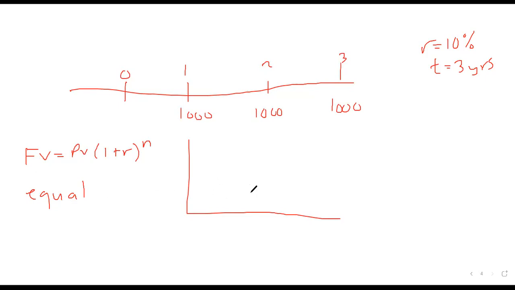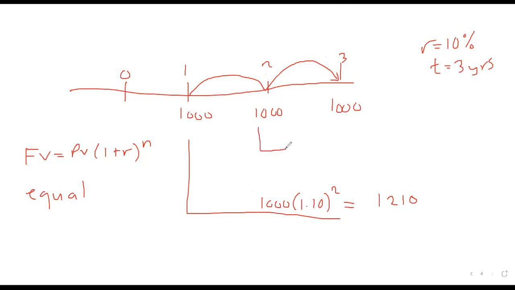So this 1,000, for it to reach year 3, it will stay how many years? 2 years. So we're going to put 1,000 times 1.10 to the power what? 2, because this is 1, 2. So it will stay in the account 2 years. When you multiply, we're going to get 1,210.